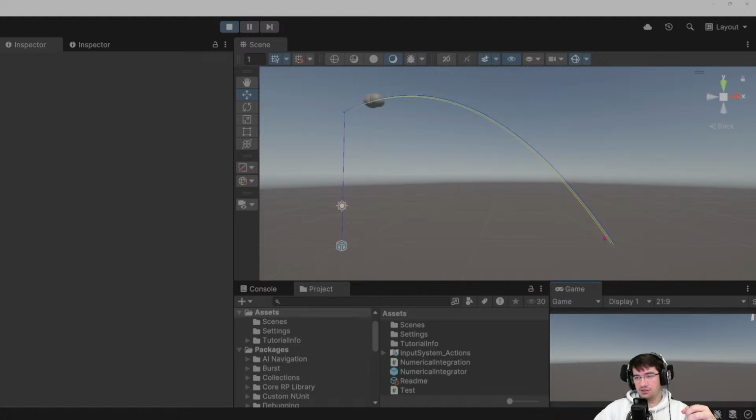Here we can see that there is a slight change, so not everyone is going into the same spot. We don't see the red line because the red line for the verlet integration is the exact same as the velocity verlet, because the fixed nature of the time step makes it as precise, basically.